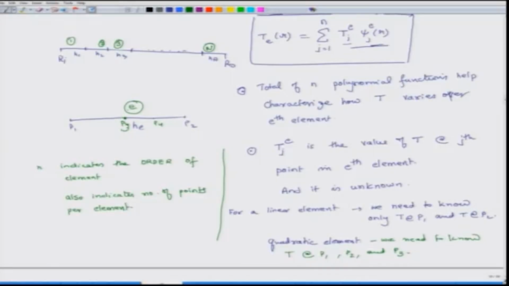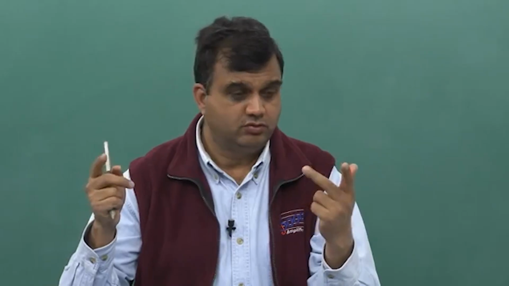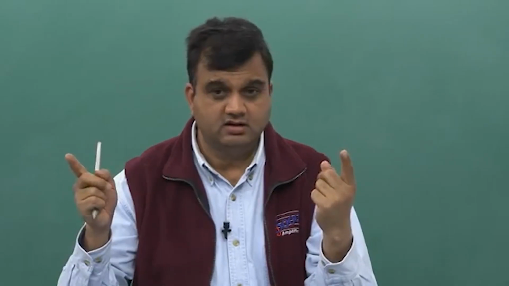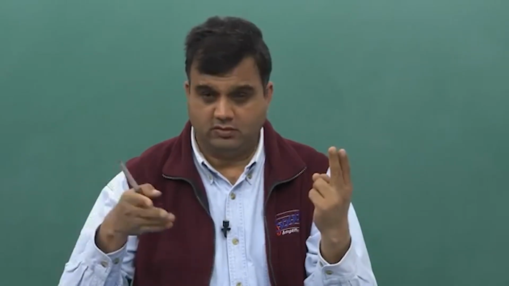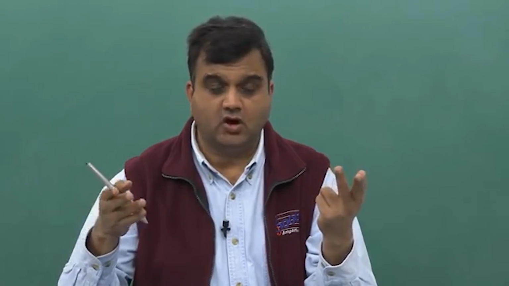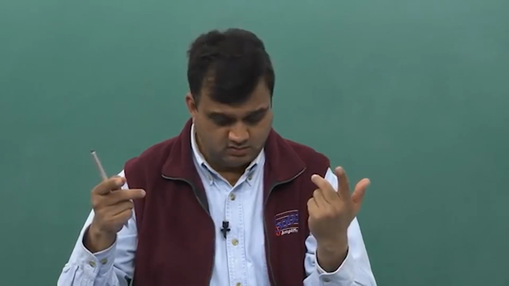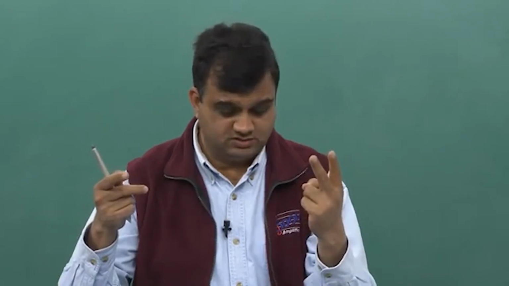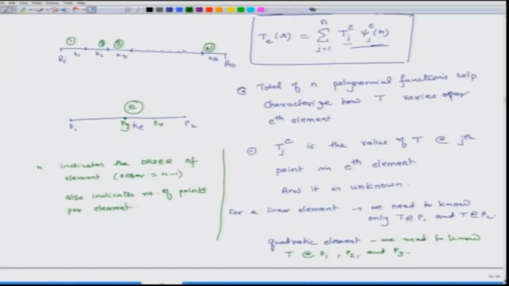So order will be n minus 1, right. If it is a linear element, n is 2 because we need 2 points to make a line, and it is a linear curve, so order is 1. And how many points will be needed on the element? 2 points. So, the number of points will be 2.